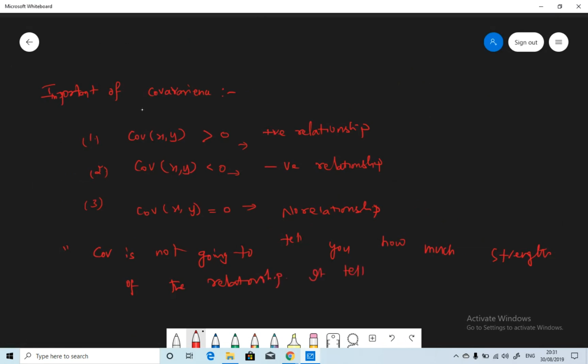It tells you only whether there is a positive or negative or no relation. You write down this one. Very important. COV stands for what? Covariance. Clear? Clear or not clear? If you are clear, just type covariance.